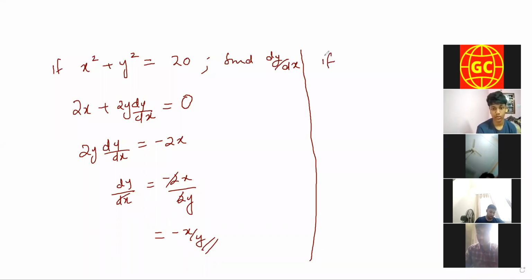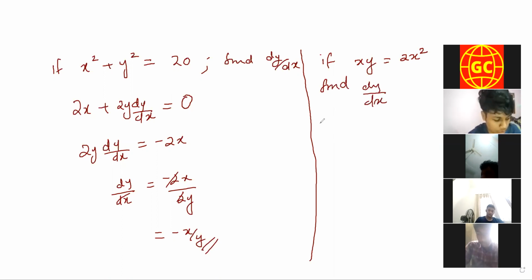If xy is equal to 2x square, find dy by dx. Find dy by dx.